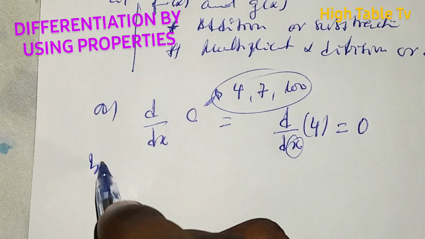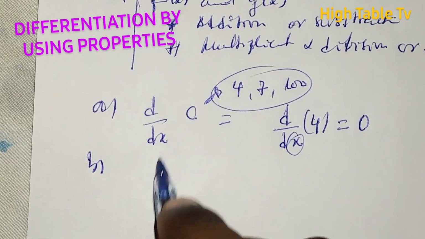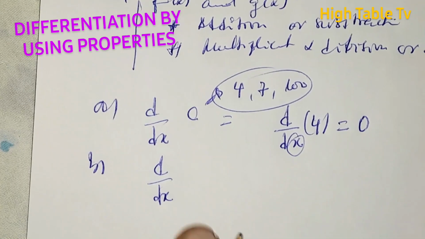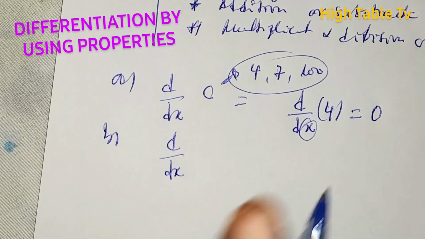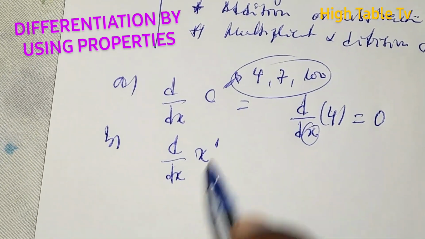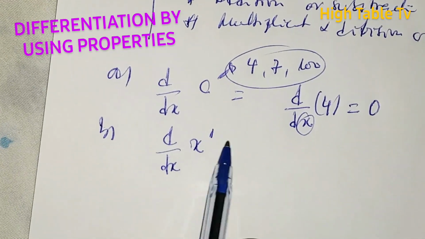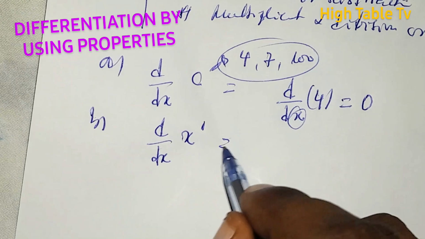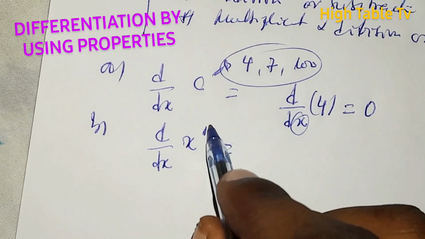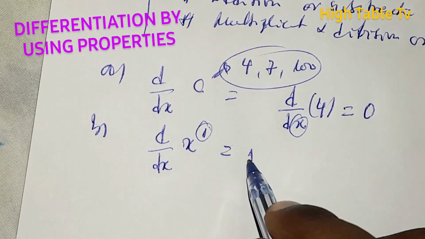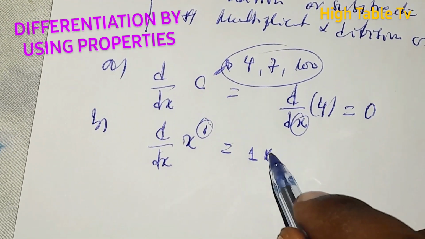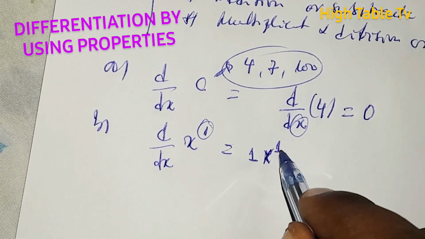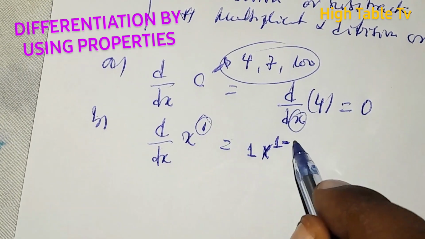Then for the second property, it is about the derivative of a given function with respect to x, where your function is a linear equation, which has the power equal to 1. It means you have x to the power 1, so you multiply by the power 1 as a coefficient, and then you have x with the power 1 - 1.